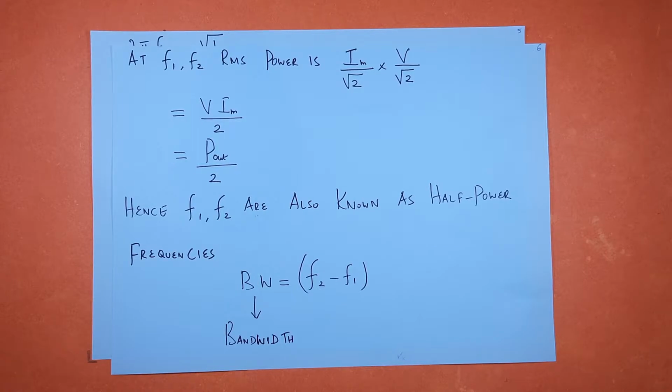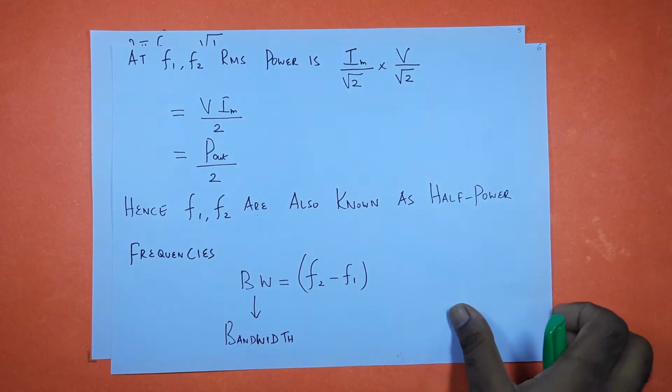So this is going to be V Im divided by 2, equal to output power divided by 2, that is half of the output power. Those frequencies at which the power becomes half are known as half power frequencies.